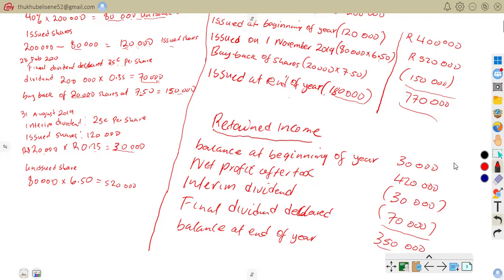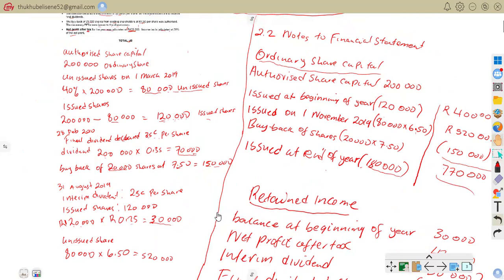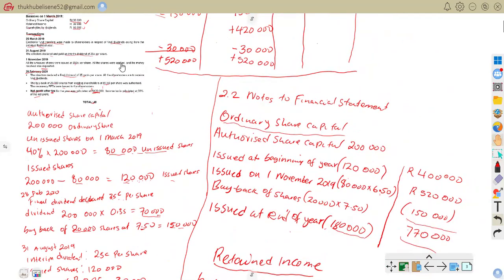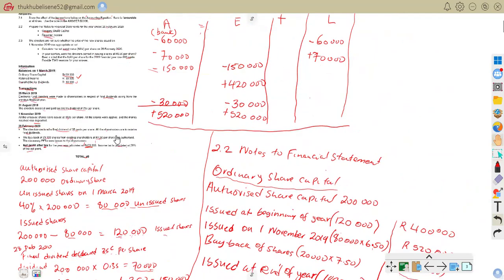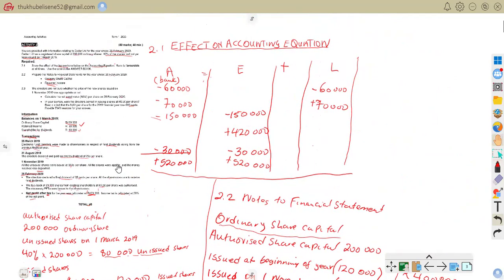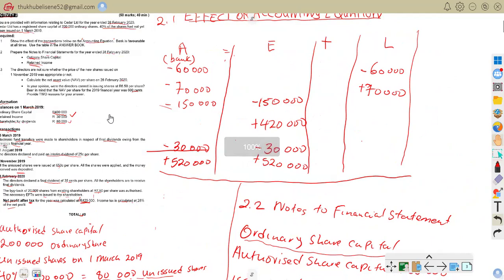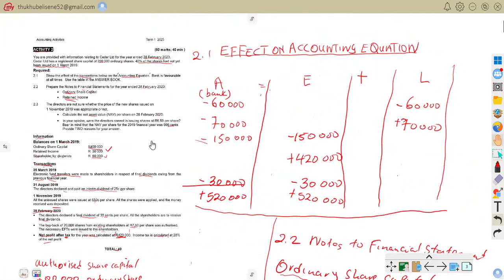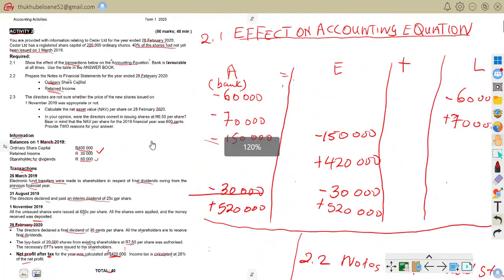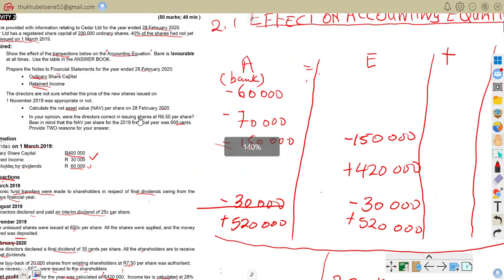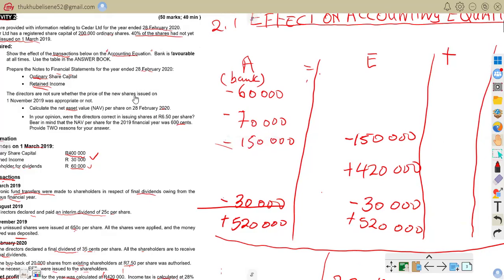We have to move on to 2.3. So let us be on 2.3. Question 2.3 reads as follows.